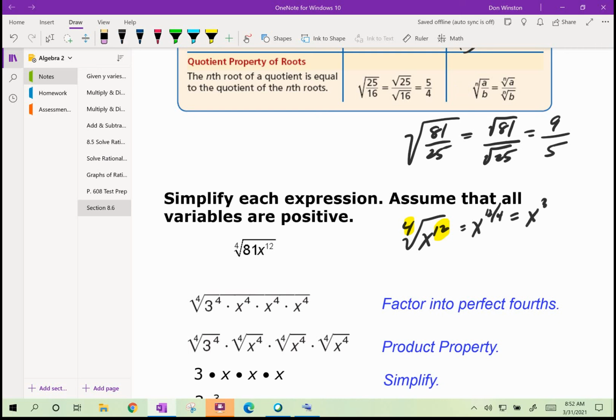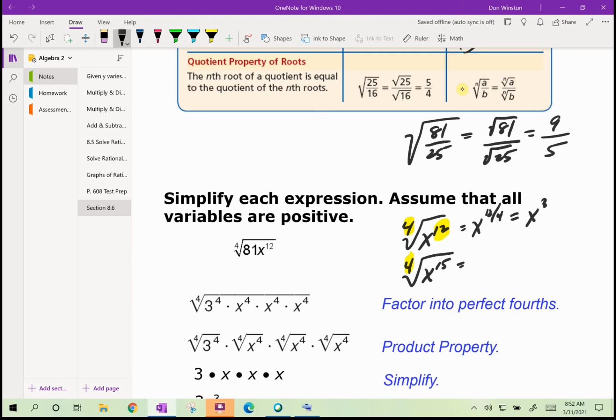But what happens if I had the fourth root of x to the 15th? Again, I still want to find the largest multiple of 4 that can go into 15. That's 12, since 4 times 3 is 12.